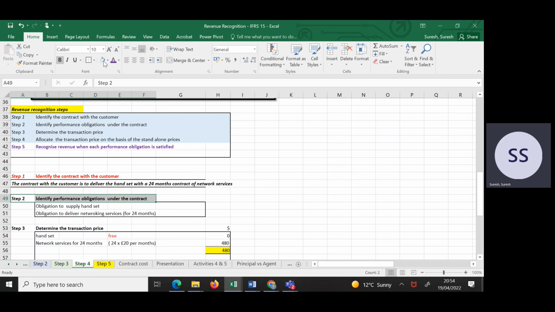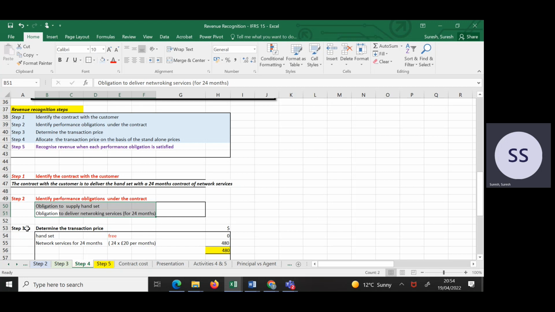The second step is to identify, within that contract, whether there are distinct, separately identifiable performance obligations. Yes, we do. We need to supply the handset separately, and we need to provide the network services for 24 months. So these are two separately identifiable performance obligations.